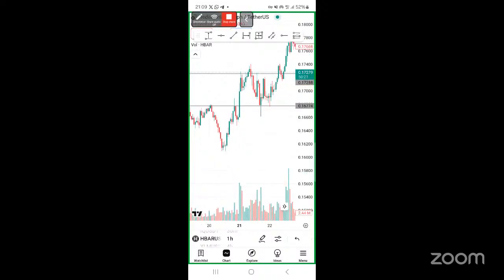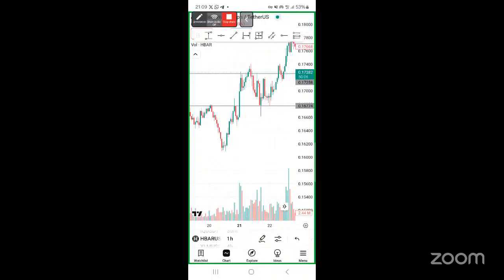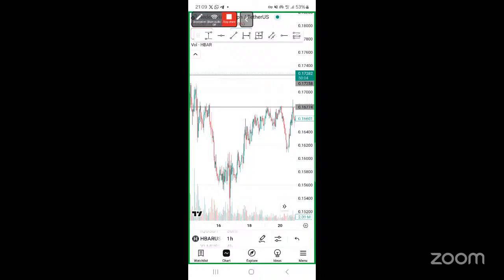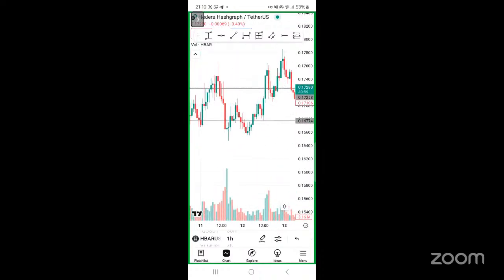At those points, the market bounced from there and went up instead of continuing to go down. So this area here is a support area. If I go back and check, I will find that the market has been experiencing support somewhere there.